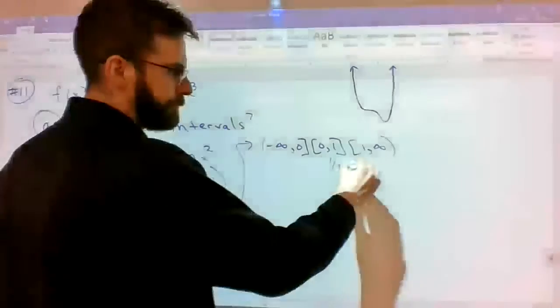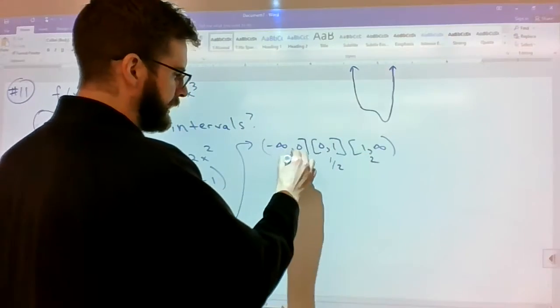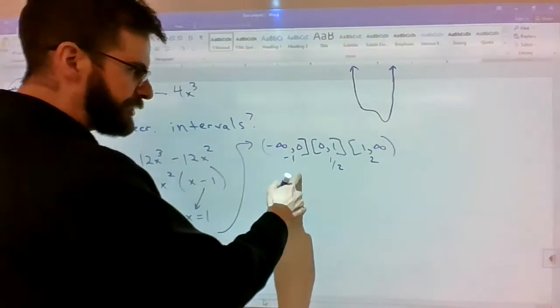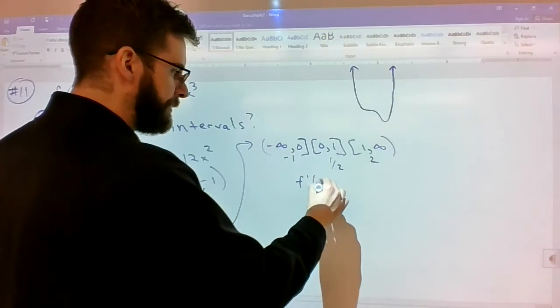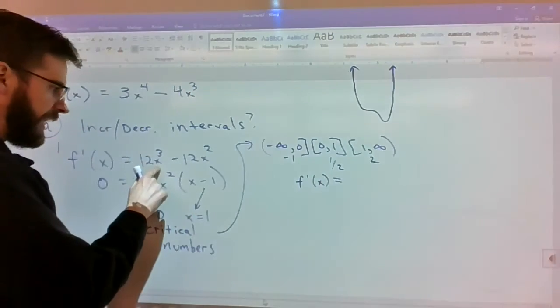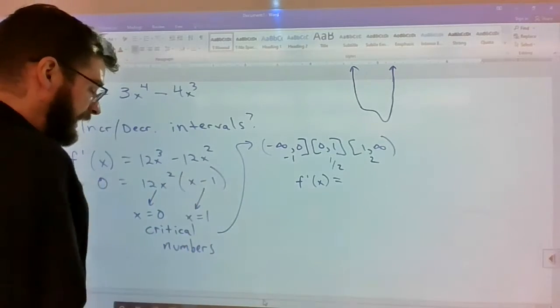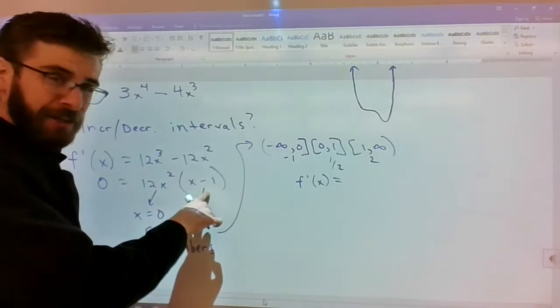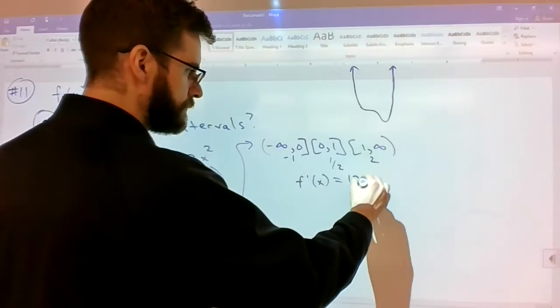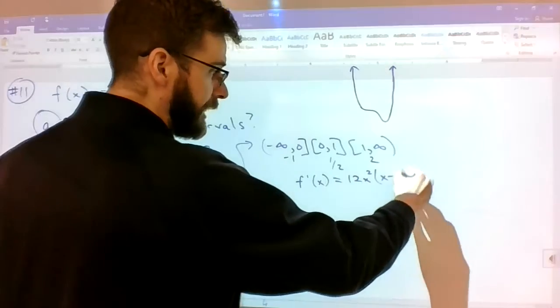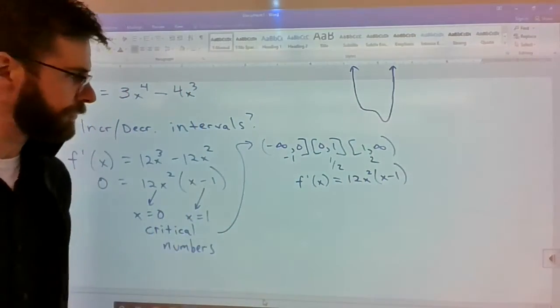Plug in a half, plug in 2, plug in negative 1. Now we're plugging it into f prime of x equals 12x cubed minus 12x squared. It might be easier to plug it into the factored version. And you can do that. You can plug it into the factored version.